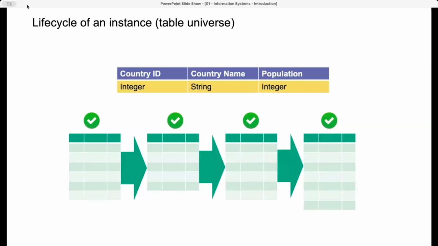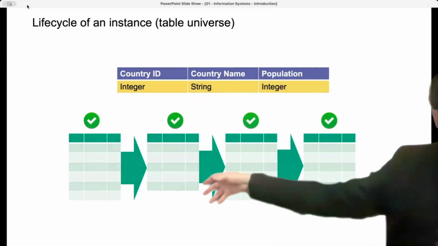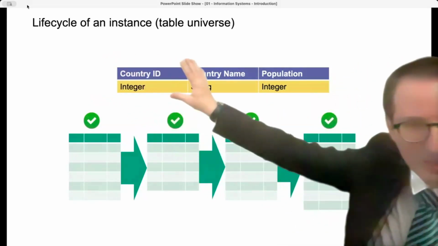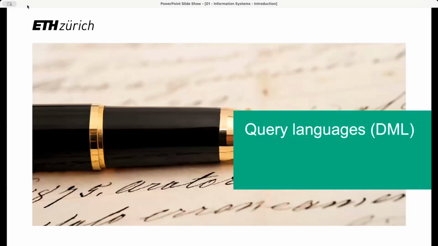The data just changes under the constraint of the metadata, right? So you might add new records, you might modify values, but the metadata usually stays more or less the same. You can change it, but it's not going to be something you do often. That's just once in a while. So there is a life cycle, and there is a whole life about the data. Okay.